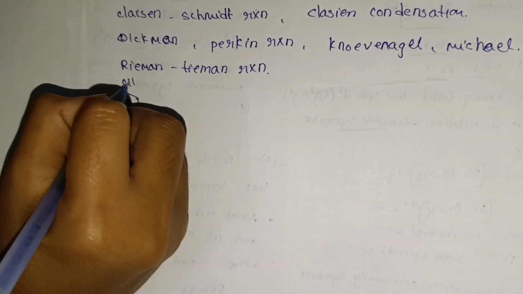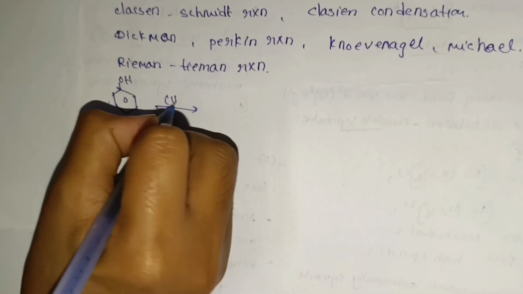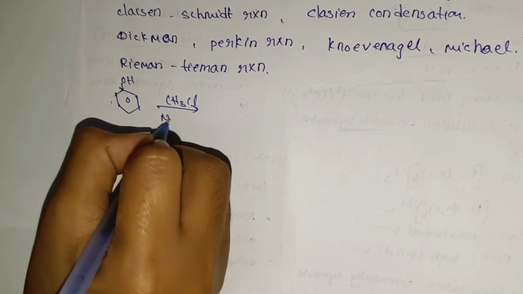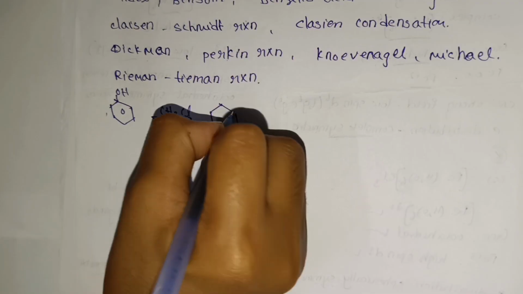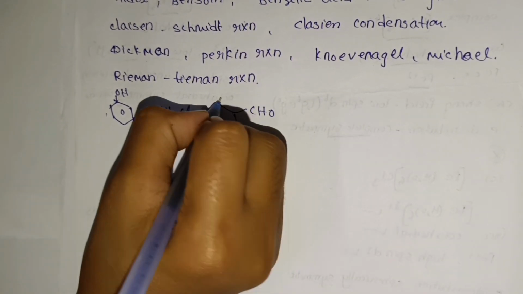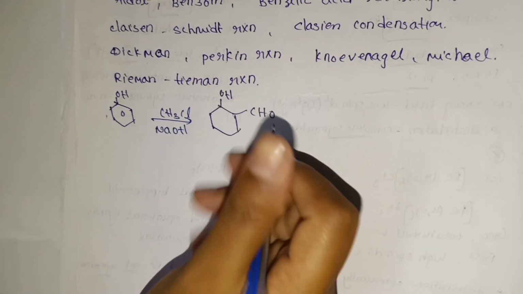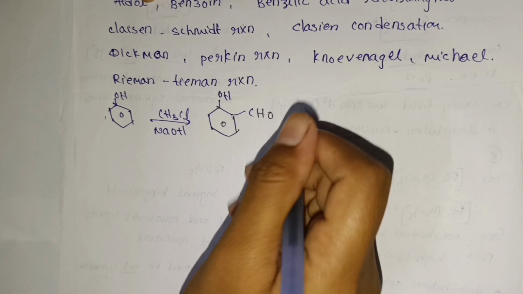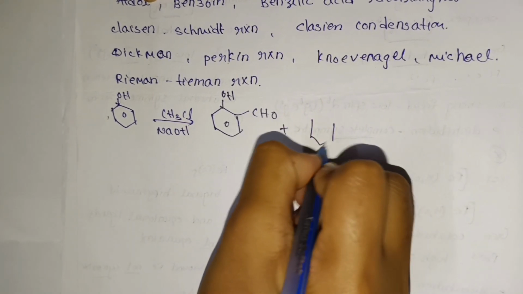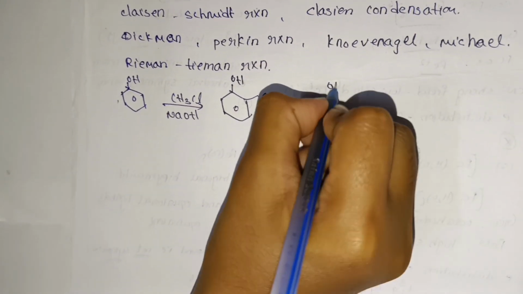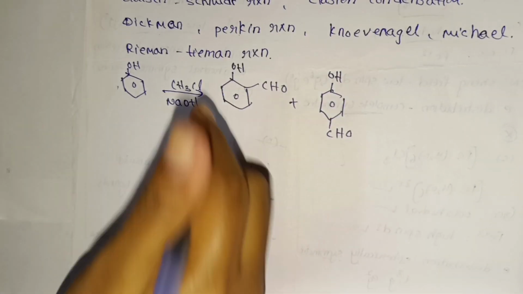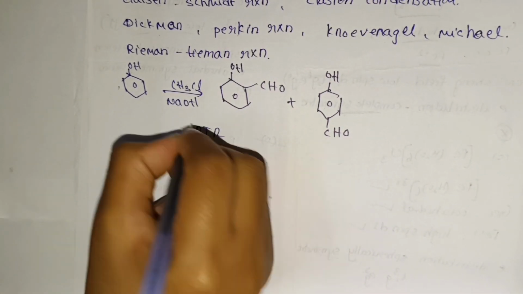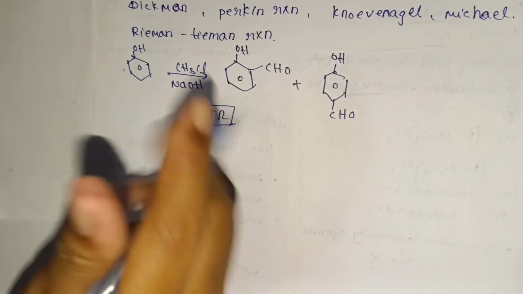Phenol reacts with CHCl3 and NaOH. It forms an aldehyde, which is ortho-salicylaldehyde. This is para-salicylaldehyde. This is the Reimer-Tiemann reaction.